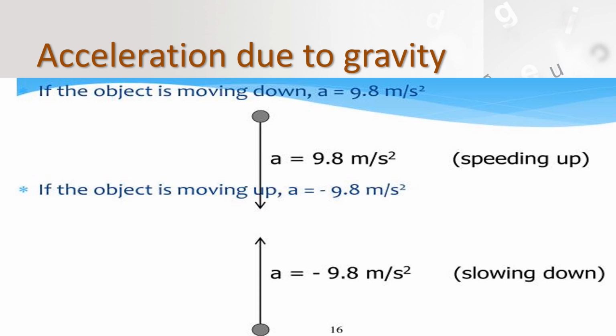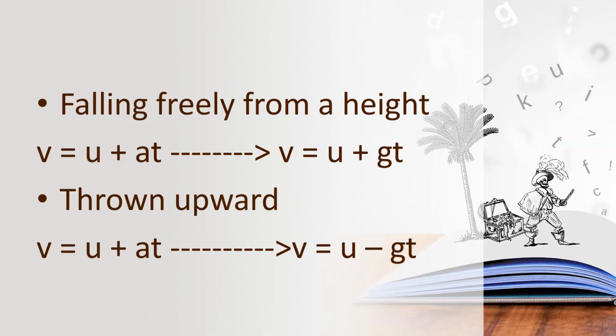So already we have learned the equation of motion formula. Children, what is the formula? V equal to u plus at. Is it, children? Because of the acceleration due to gravity, here the formula becomes V equal to u plus gt. So the equation of motion V equal to u plus at becomes V equal to u plus gt. First of all, if you are throwing a ball from a terrace, it will fall from the height, children, so the equation becomes V equal to u plus gt.